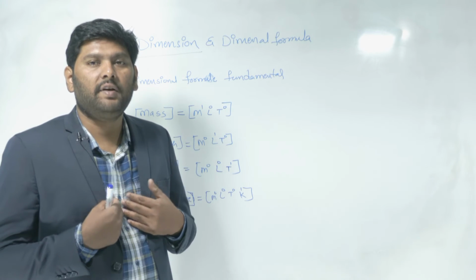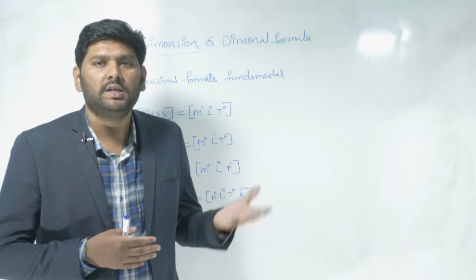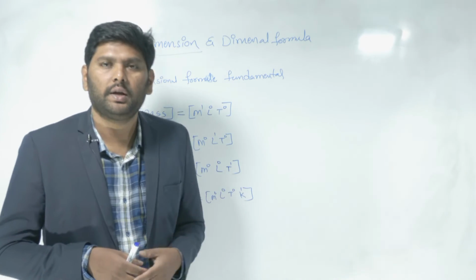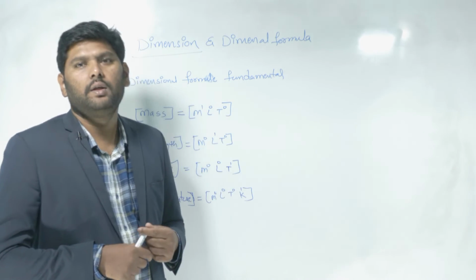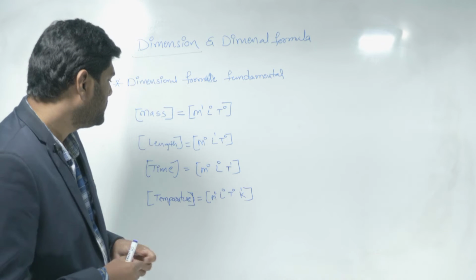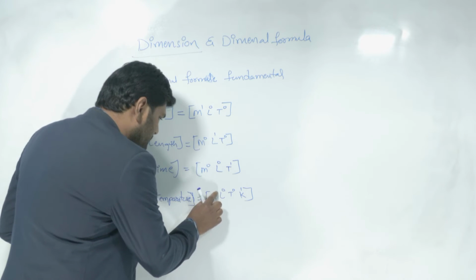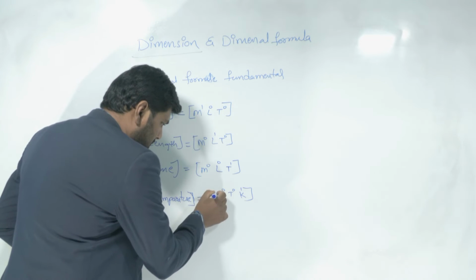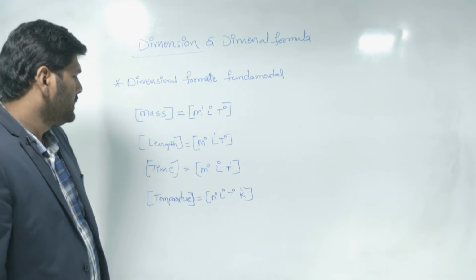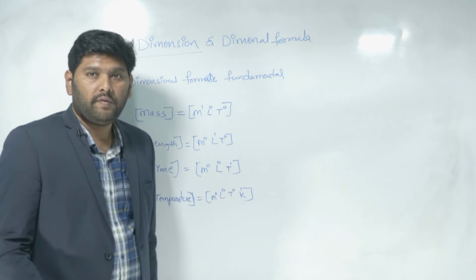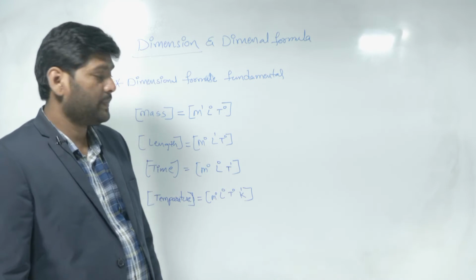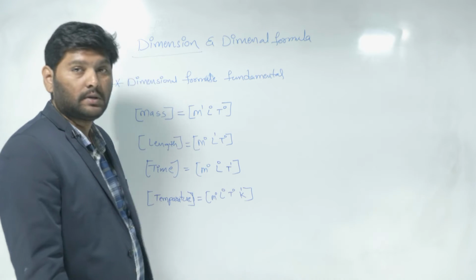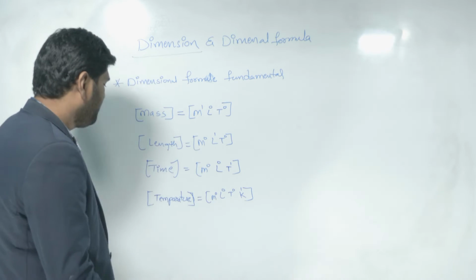Whatever the necessity, in a dimensional formula you can write a minimum of 3 fundamental quantities. So K power 1 is nothing but temperature.